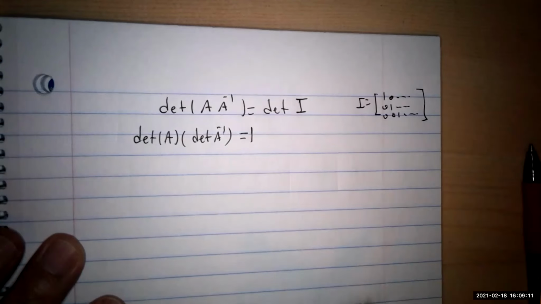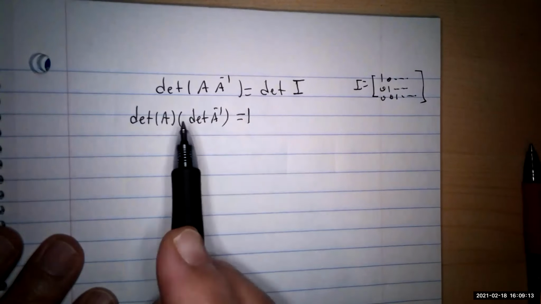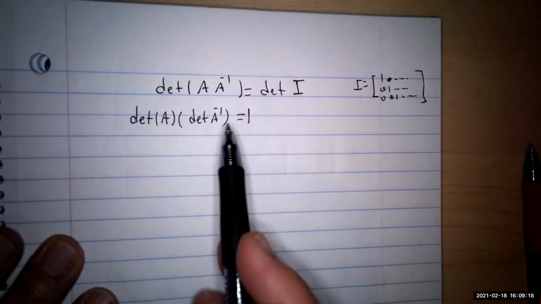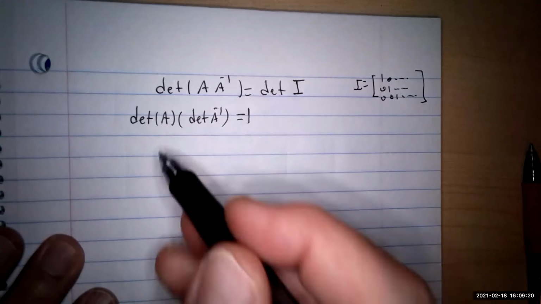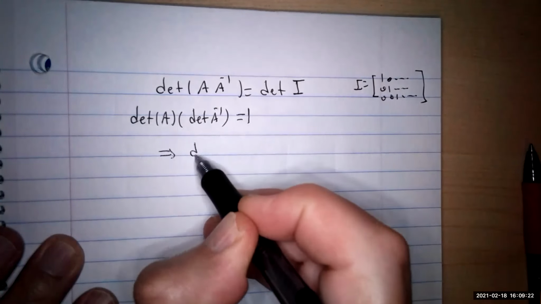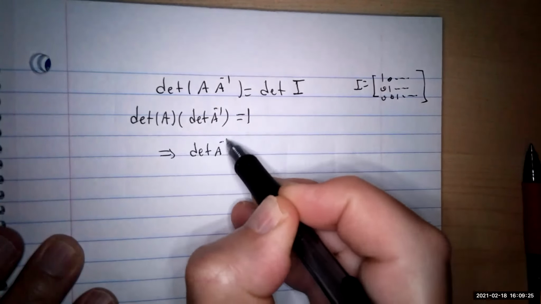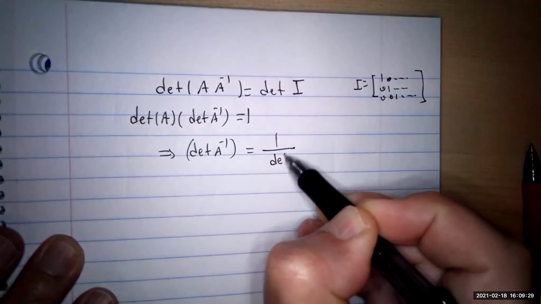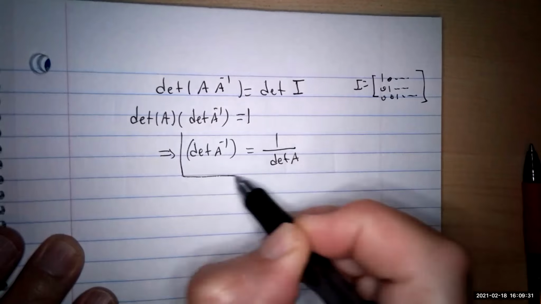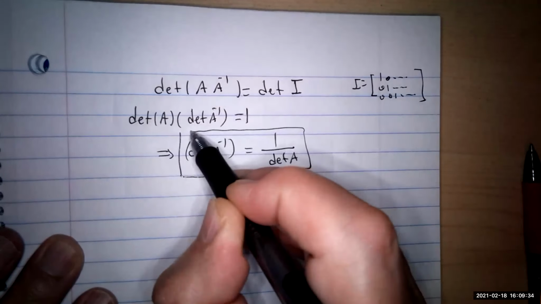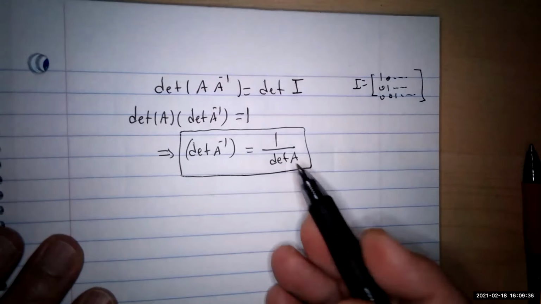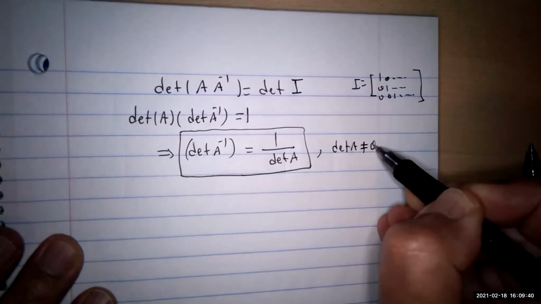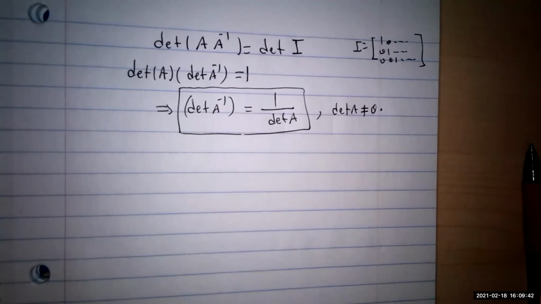Now, the product of two numbers is 1. So this means the determinant of the inverse is equal to 1 over the determinant of A. Of course, when we write it down, we know that the determinant of A is already non-zero, otherwise we cannot have it.